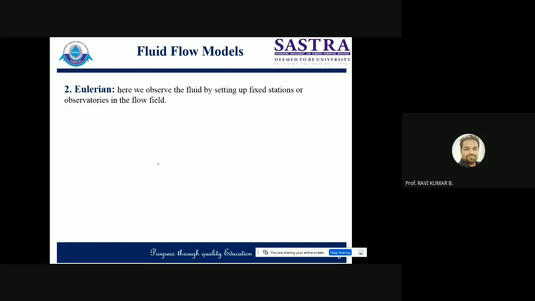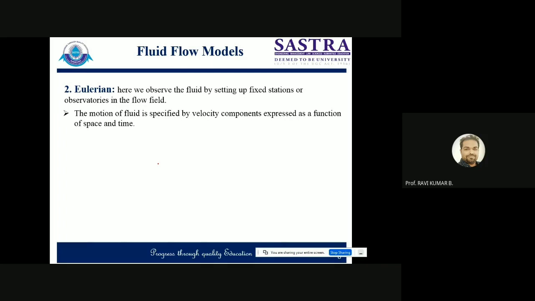So here we observe the fluid by setting up fixed stations or observatories in the flow field, and the motion of fluid is specified by the velocity components, which will be a function of space and time alone. So when you are sitting in front of a control volume, you already know the boundary of it. You know the boundaries of the flow domain, so you know the global coordinates of the control volume.